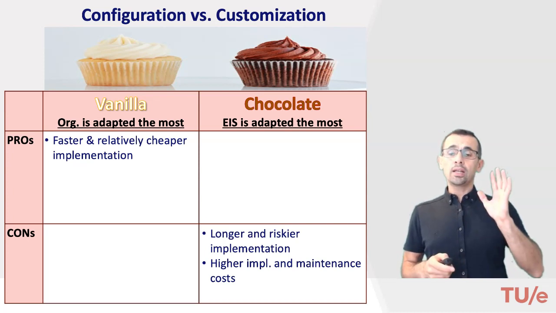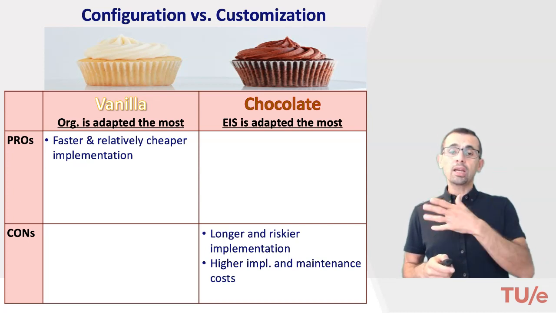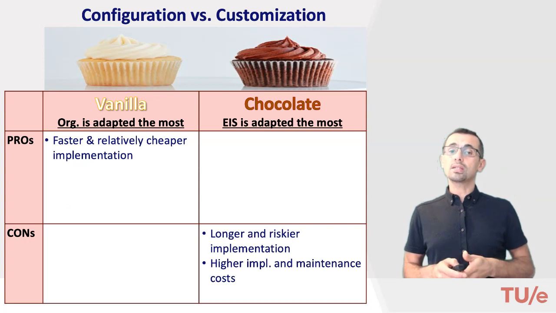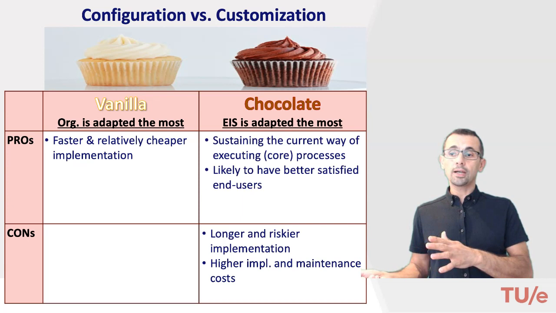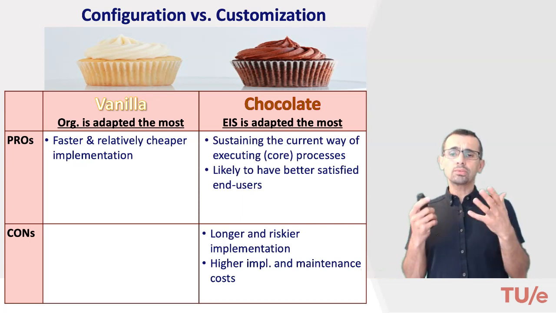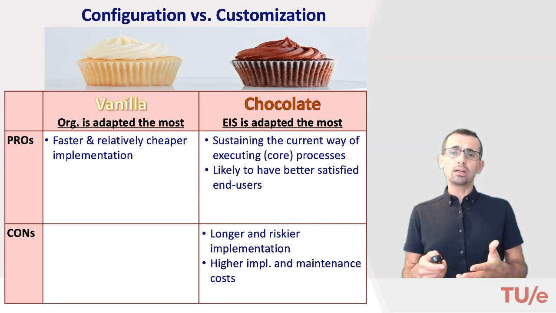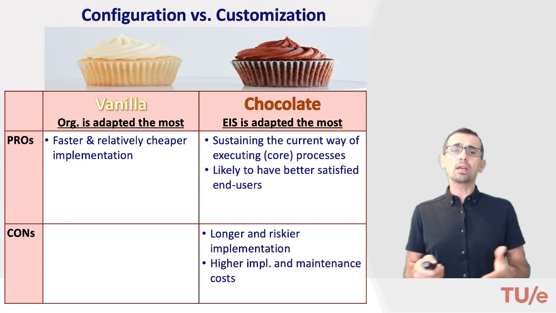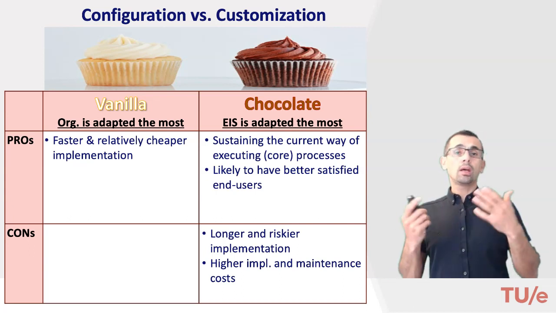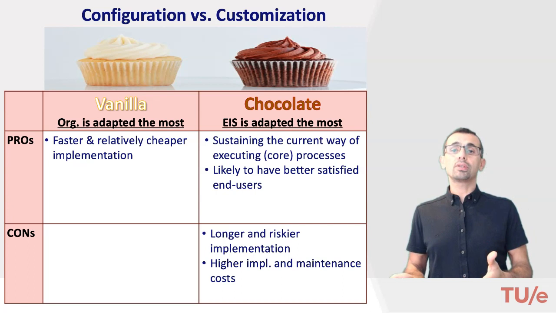Now, next we can discuss the implications on organizations, processes, and end users. Starting with the chocolate. Tailoring the software, customizing it to your own needs, would allow you to sustain the current way of executing your business processes.